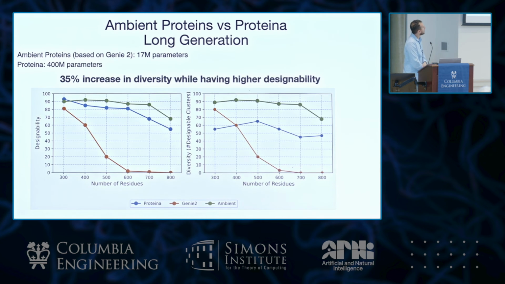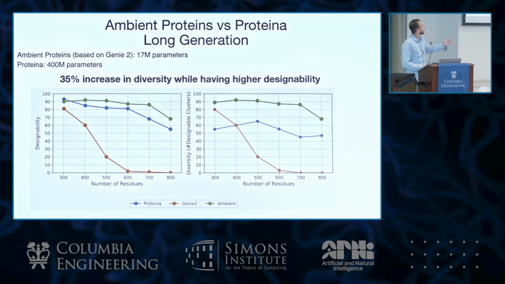Here, what we managed to do is take a model that is like 10 times smaller. I think it's a 17 million parameter model, while the original model is 400 million parameters. And the only thing that we change is this mapping between pLDDTs and times. Instead of throwing away data, we use all of the data that we have, but we do it by doing this mapping.